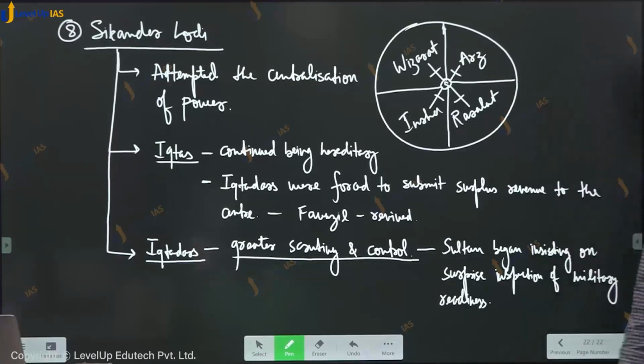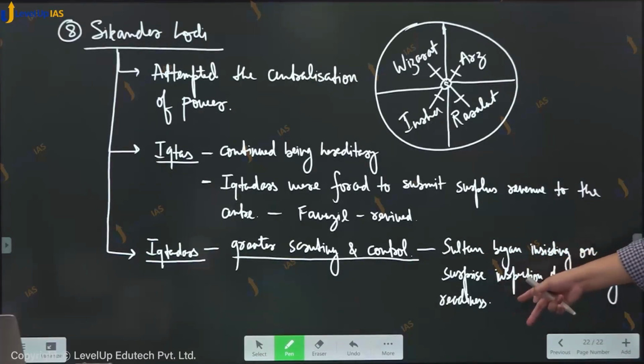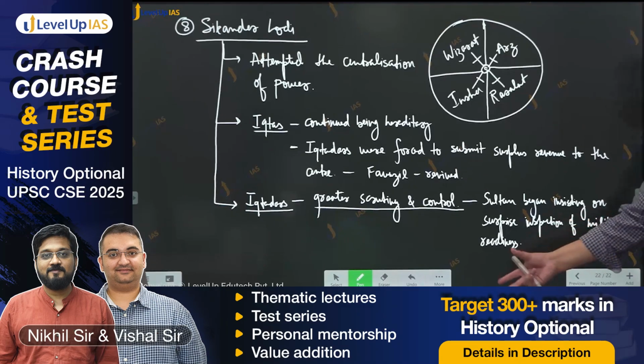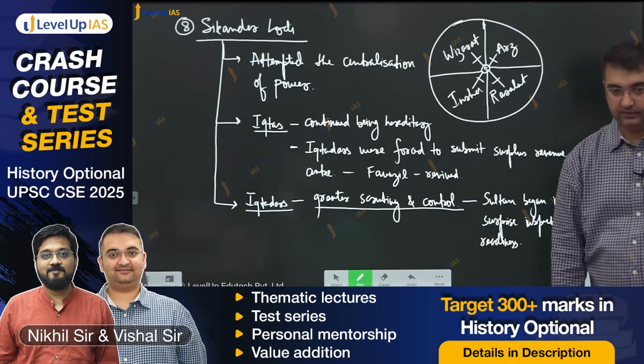Right? So the Iqtadars were forced to increase their spending on the military and thus forced to reduce their own personal consumption. ठीक है.